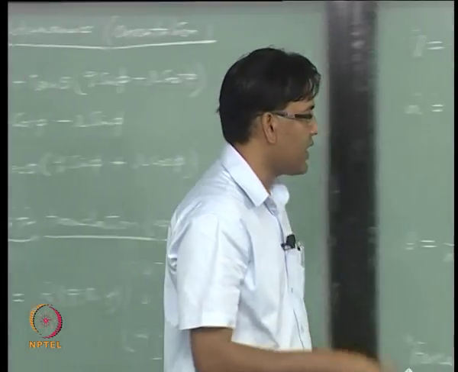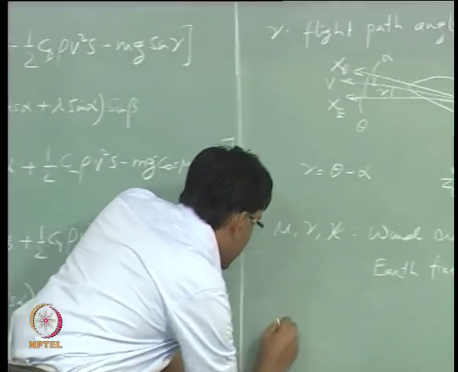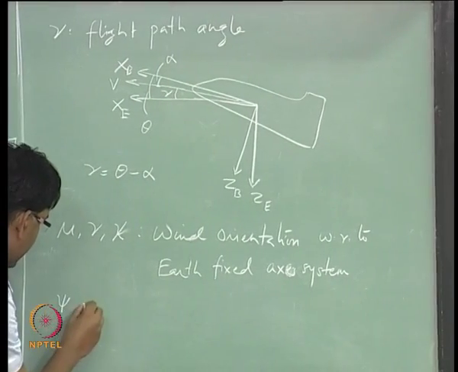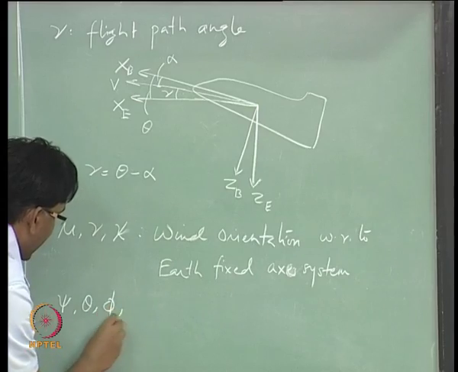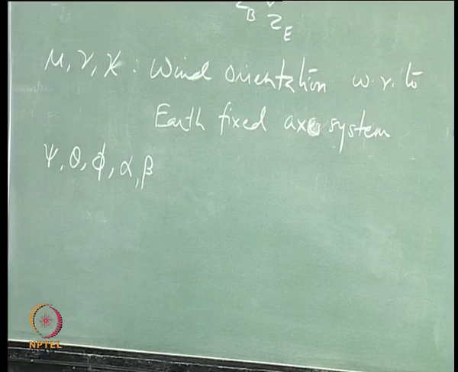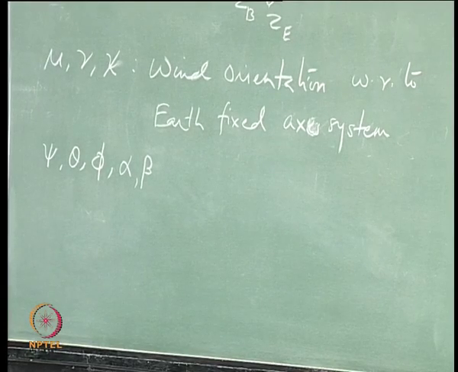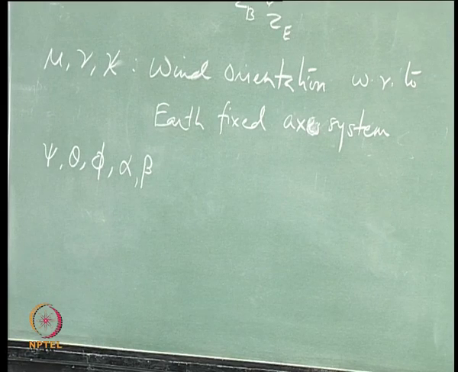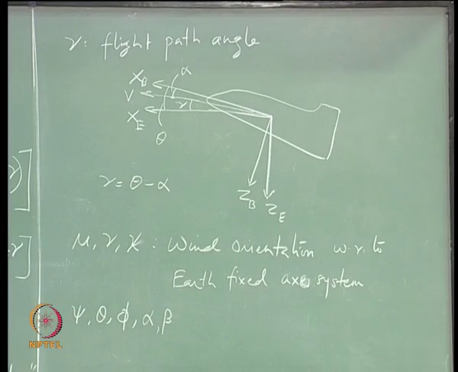So, you will in all have rotations psi, theta, phi and alpha, beta, 5 rotations, and then you can find components of any vector which we know in the earth fixed axis system.